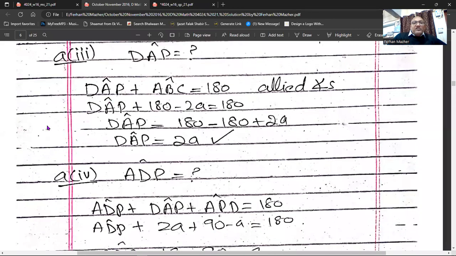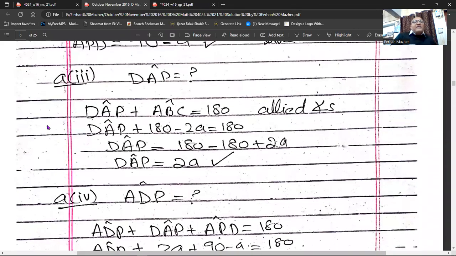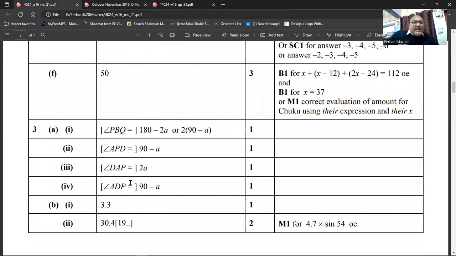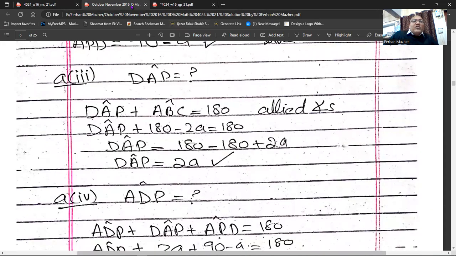They are supplementary to each other. So the angle DAP plus ABC will be equal to 180. DAP plus 180 minus 2A is equal to 180. So angle DAP will be 180 minus 180 plus 2A, so it will be 2A. The DAP angle will be 2A. So our answer is right.